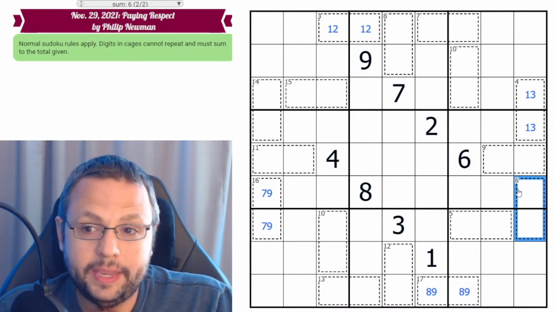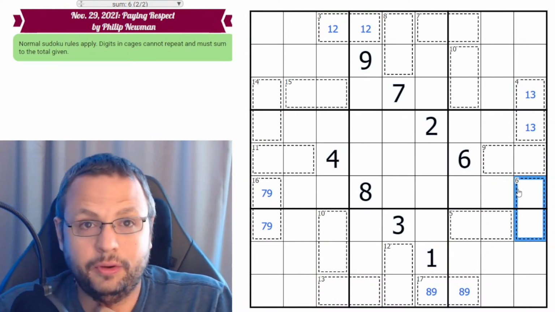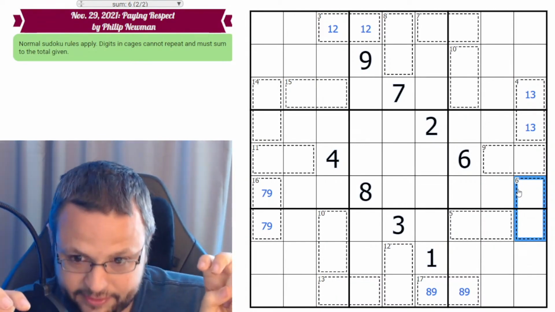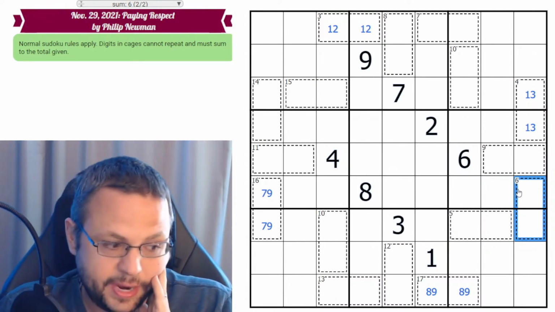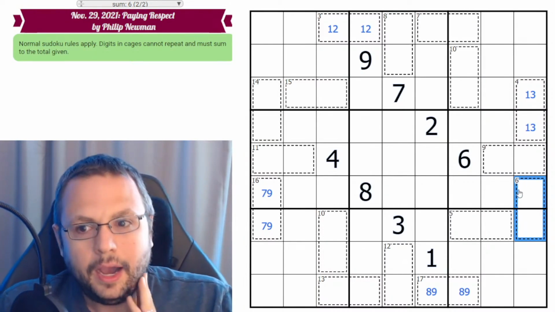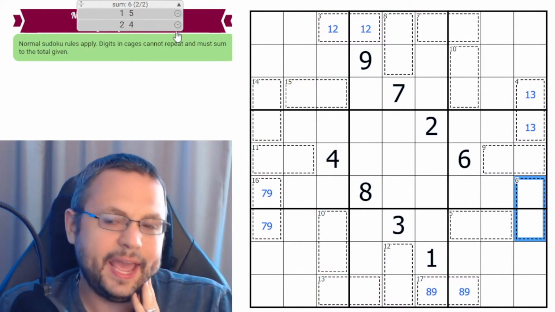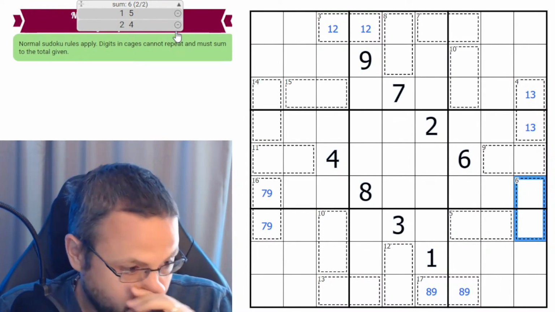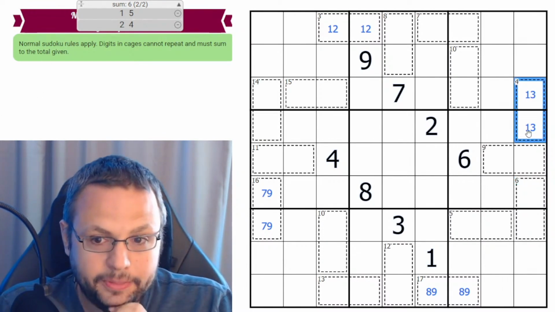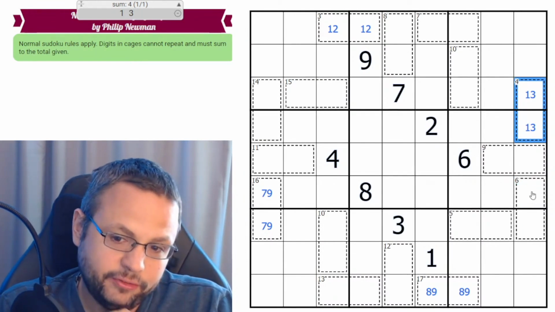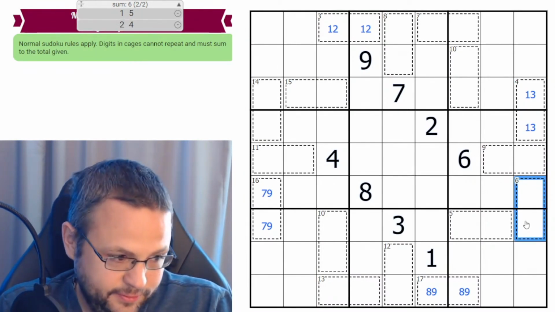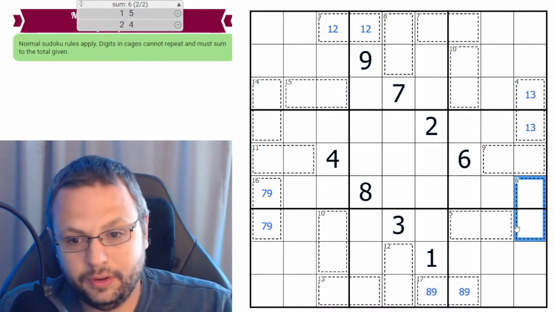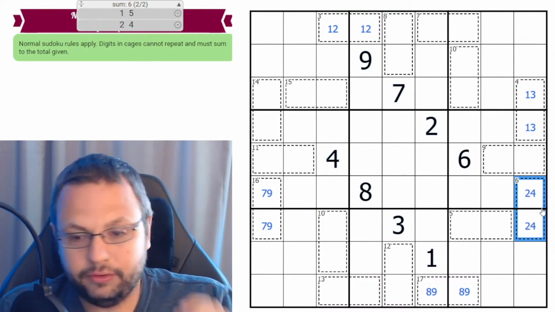But the reason why it only has 2 is because the quote-unquote third fill that's not counting is 6 being 3 and 3. So 6 actually only has these 2 ways of filling it, which are 1, 5, and 2, 4. But there's a 1 in the 4 cage up here, so 1, 5 would break that. So this is a 2, 4.